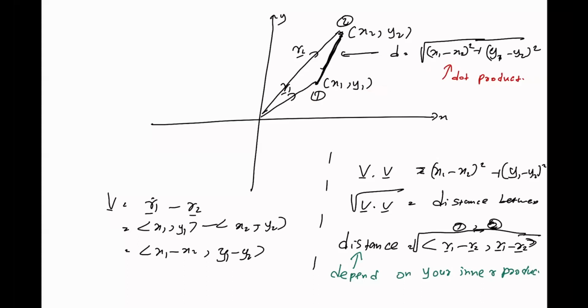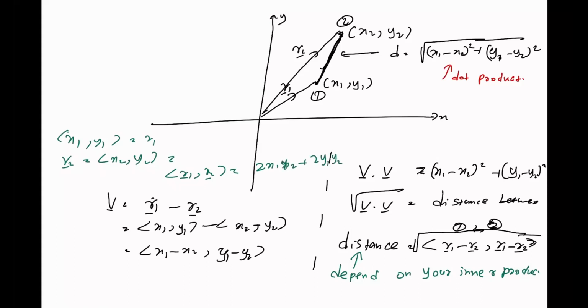Let's say someone defines the inner product some other way. Let's say r1 is x1, y1 and r2 is x2, y2. And someone defined this inner product of r1, r2 as 2x1x2 plus 2y1y2.